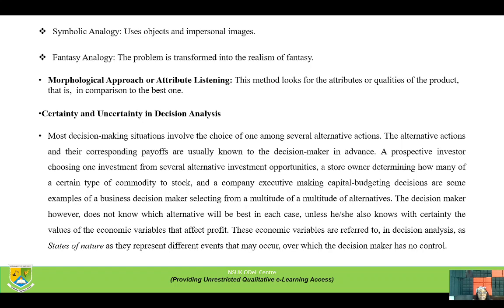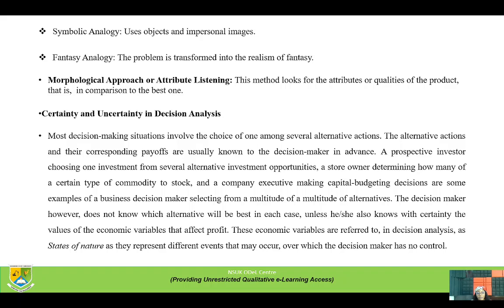Certainty and uncertainty in decision analysis. Most decision-making situations always involve the choice of one among several alternative actions. The alternative actions and their corresponding payoffs are usually known to the decision maker in advance.